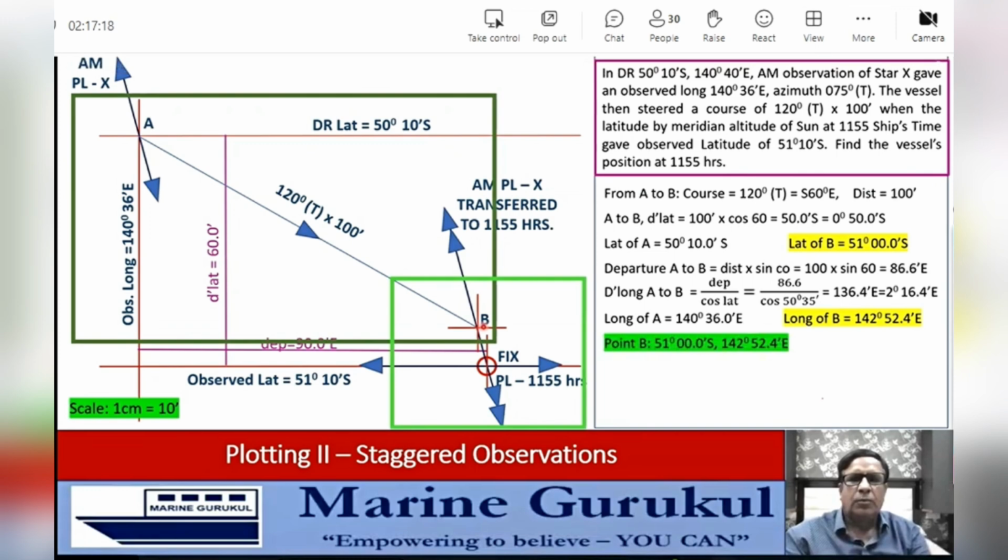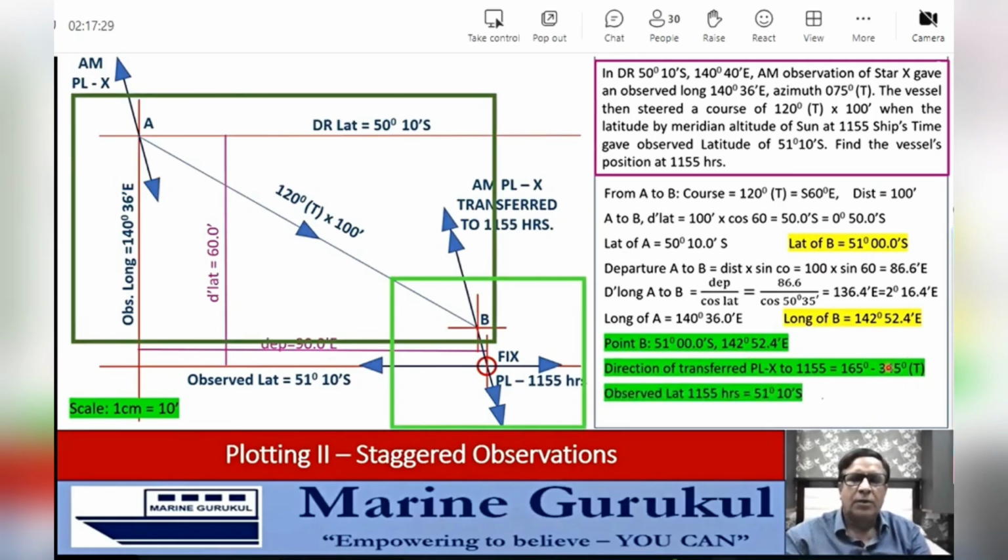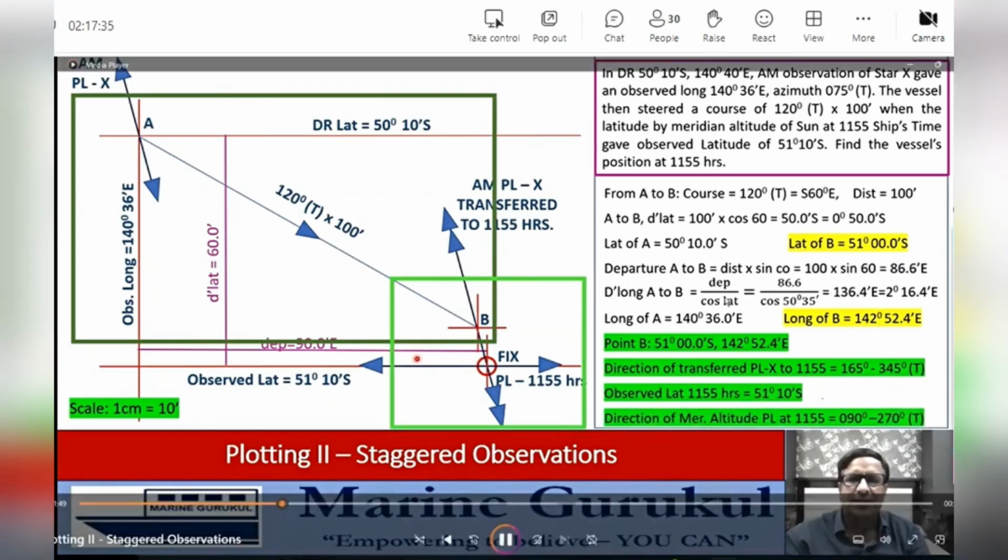So now point B coordinates are known. We know the direction of the transferred PL, that has to be same as the morning PL, that is 165 to 345 degrees true. We know the second PL has to coincide with this parallel of latitude because its direction is east-west.